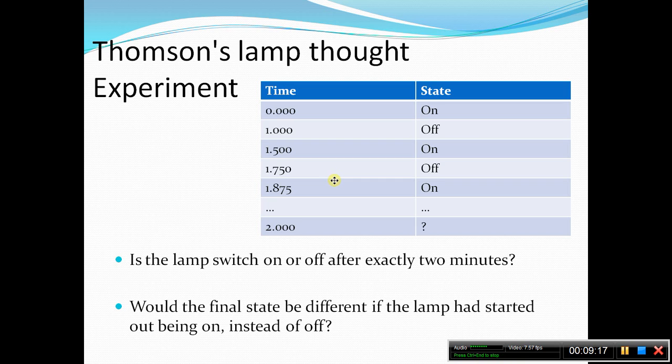And then every unit of time shrinks by a half. So 1.5, it's on, 1.75, it's off, 1.875, it's on, and we do that on and on and on and off, on and off, on and off, until we get to a full second has elapsed.